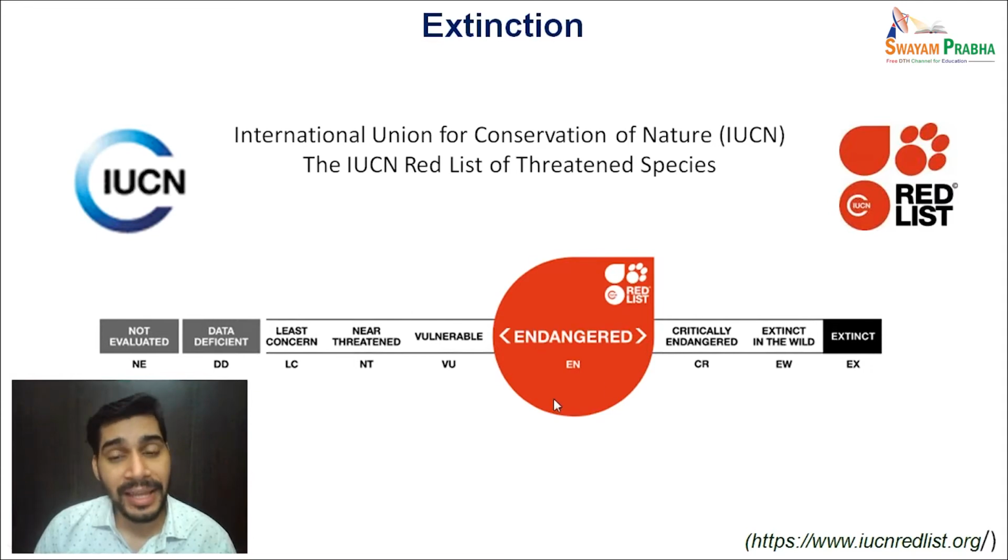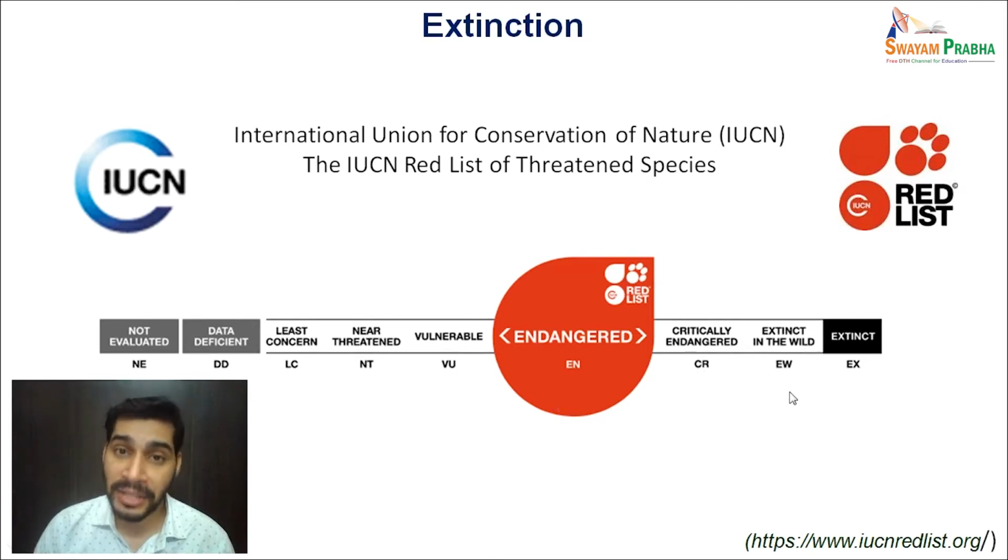And then comes the Red List of endangered species, where most of the focus lies, because these are the ones which are going towards extinction. So we need to take care of these species on priority. Then beyond that, there are categories like critically endangered and extinct in the wild.